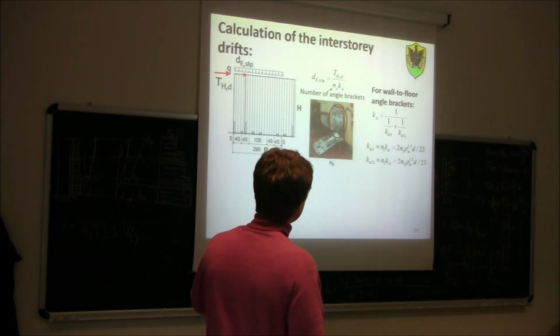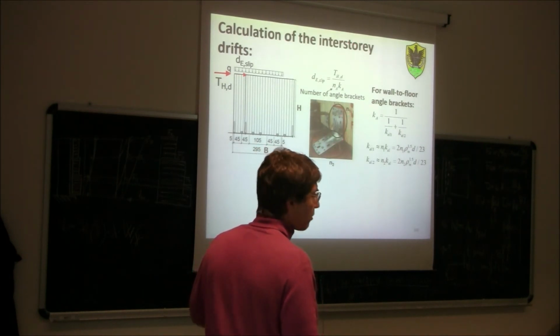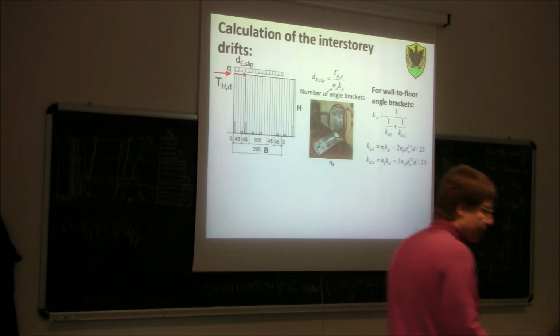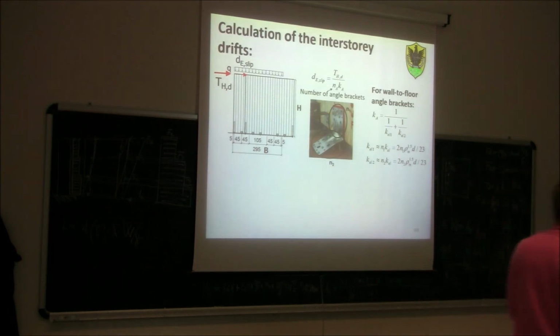Now, if you consider an angle bracket, you can assume that the steel part is rigid, and the only flexible parts are the nail connection between the angle bracket and the wall, and the nail or screw connection between the angle bracket and the floor underneath.